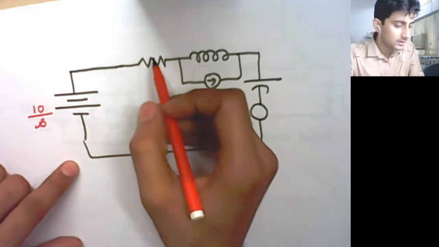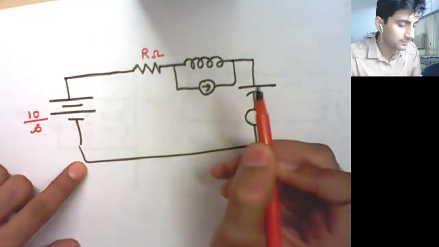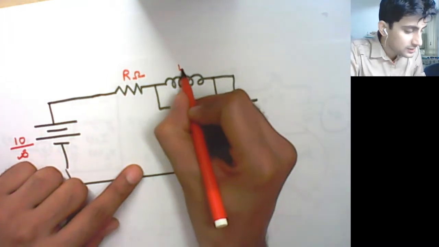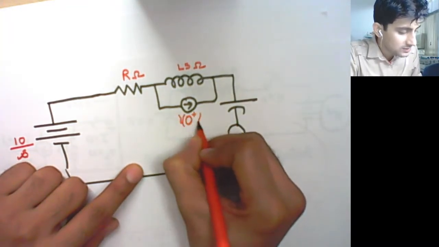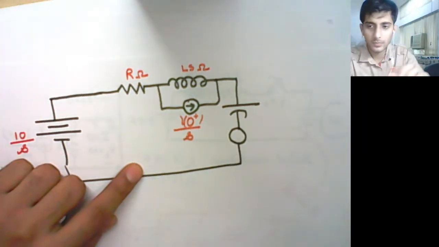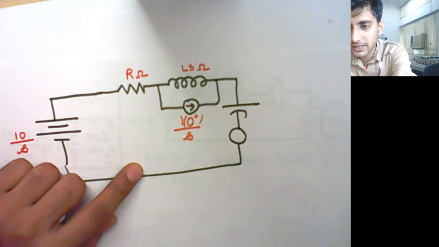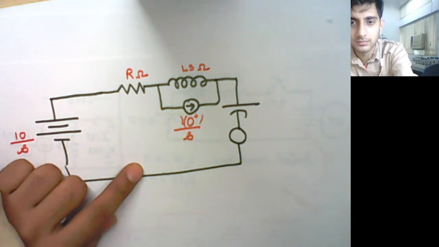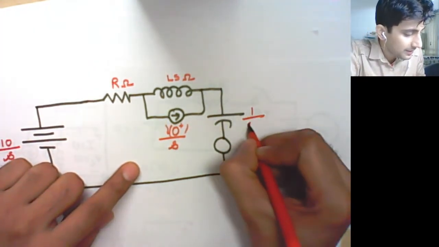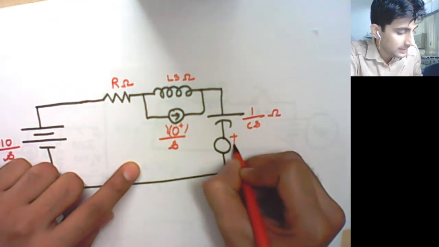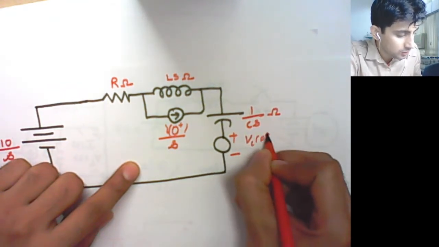We can keep this as R ohms only. This is equal to LS ohms. This is equal to I0 plus by S, because it is current, so it would be in amperes. This is equal to 1 upon CS ohms plus minus VC 0 plus by S.